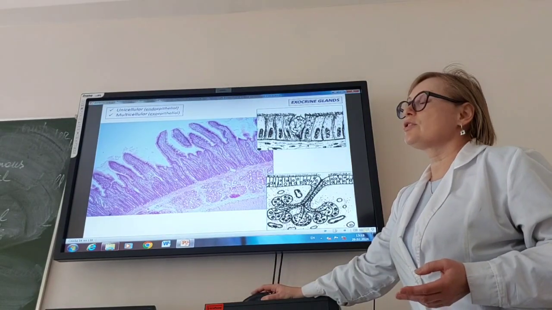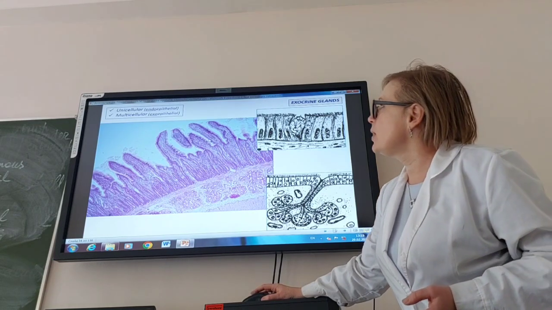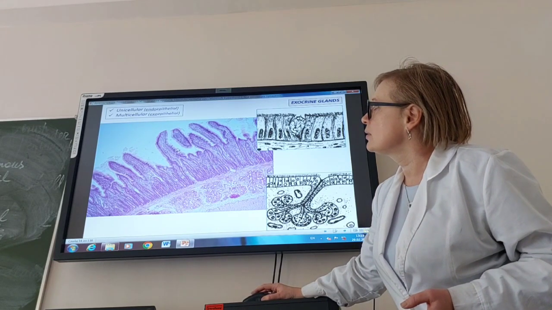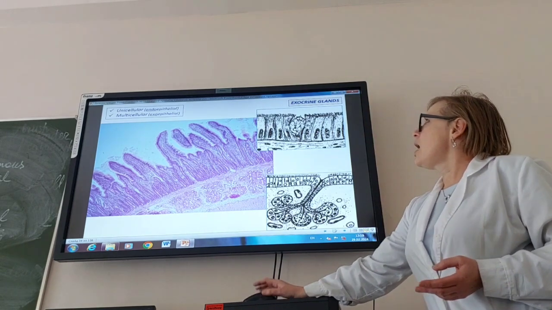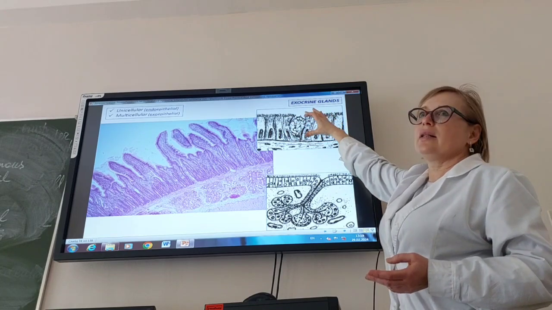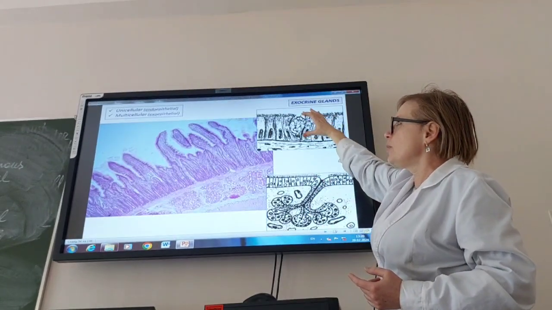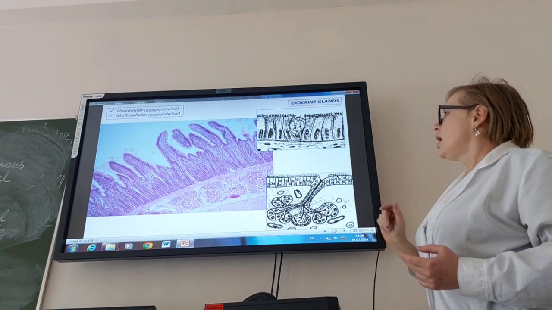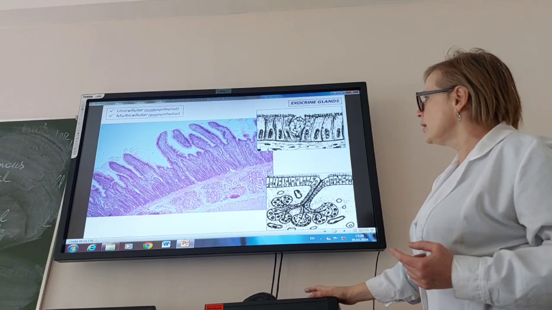Goblet cell accumulates mucus granules. That's why they look like holes. Goblet cell among epithelia. So in such case, gland corresponds to one cell. One cell, one gland.